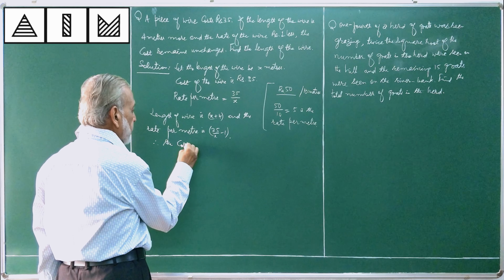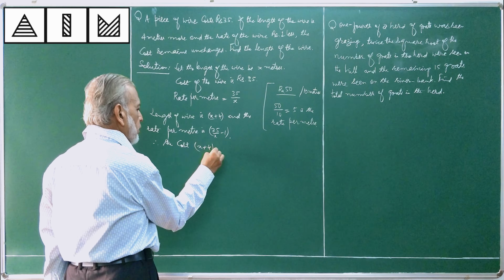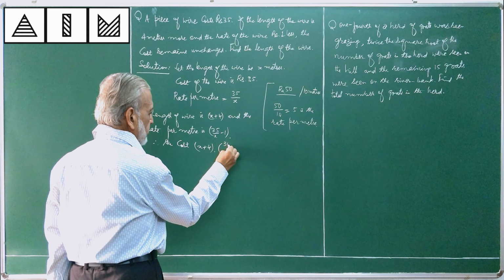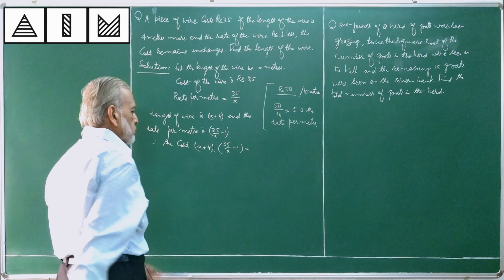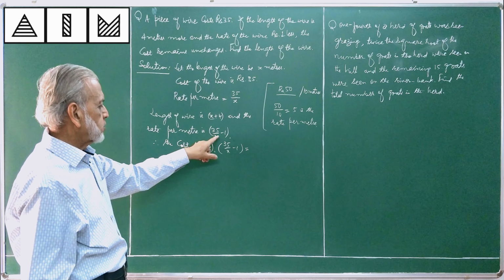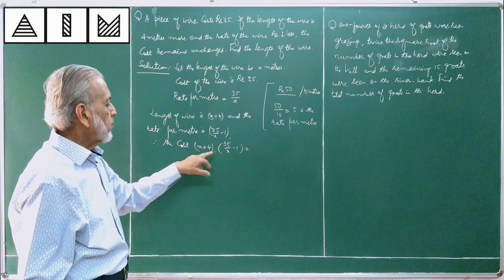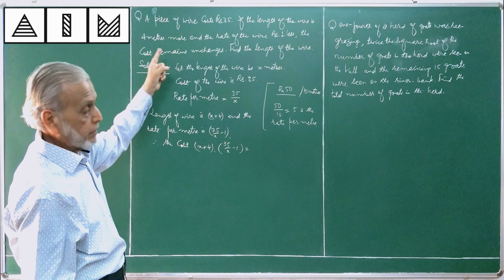The cost will be length of wire into rate per meter. This is the cost of wire. X plus 4, length of wire, 35 by x minus 1, rate per meter, multiplied by these two will be the cost. The question says cost remains unchanged.